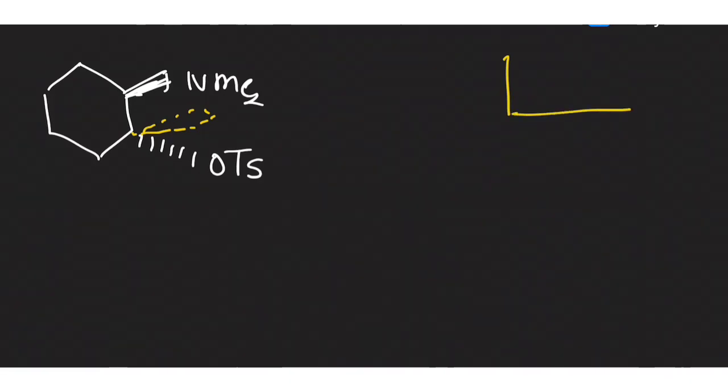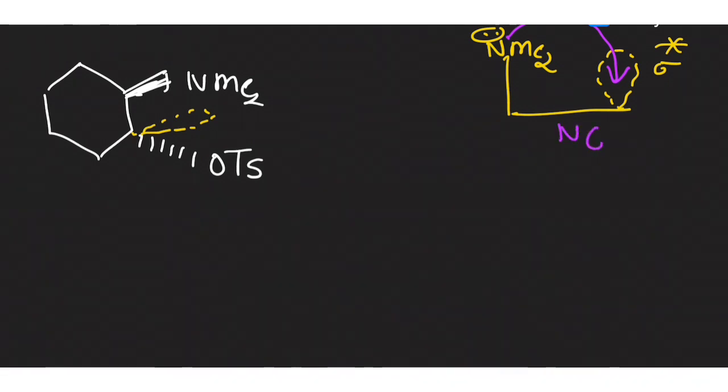Now NMe2 is above the plane, and the sigma star is also above the plane. So they both are parallel to each other. Now NMe2 can easily donate density into sigma star, and it will show NGP, neighboring group participation.